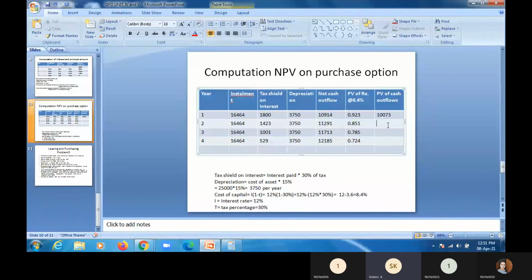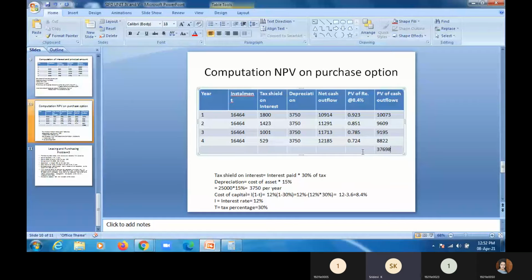Second year, you will get 9,609. Third year, 9,195. Fourth year, 8,822. So in this manner, you will get the values. Sum up this column. The total will be 37,698.